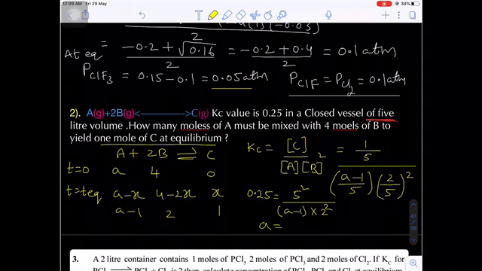So after solving this, you will get A is equal to 26. A is equal to how much? 26. Okay.